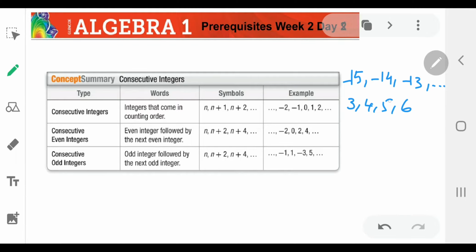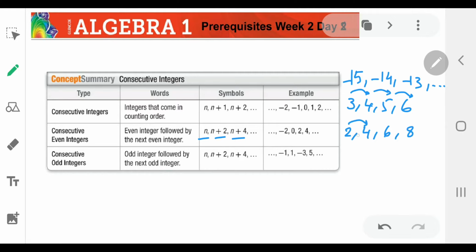In case of asking for any consecutive integers, we assume those consecutive are n, n plus 1, and n plus 2, because as you can see, they are increasing by 1. Each consecutive integer increases by 1. In case of consecutive even or odd integers, we consider those numbers n, n plus 2, n plus 4, because as you know, the even integers are 2, 4, 6, 8.